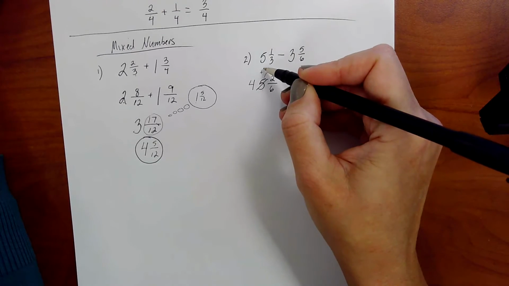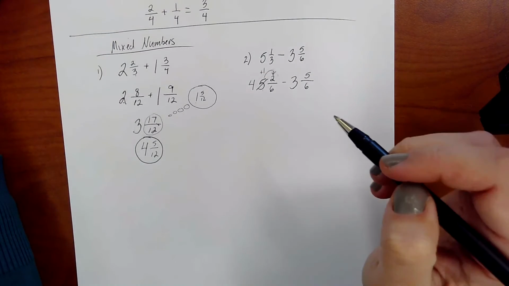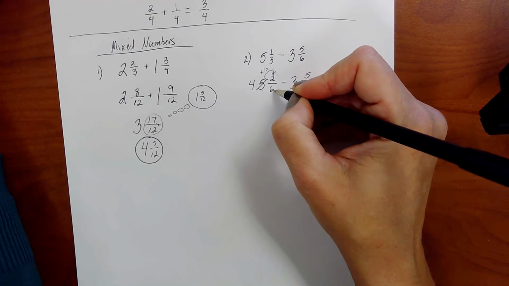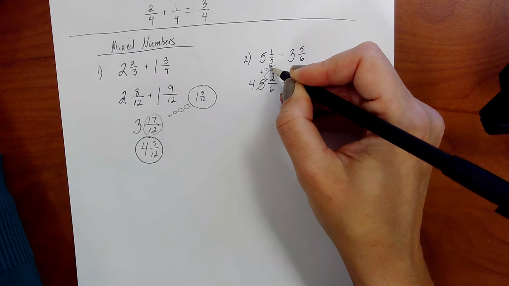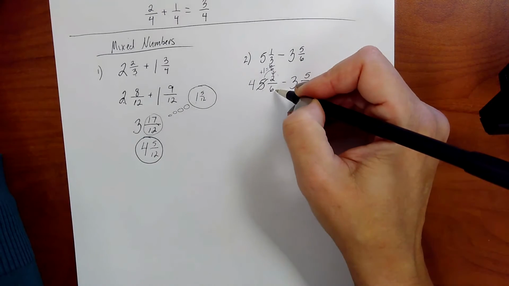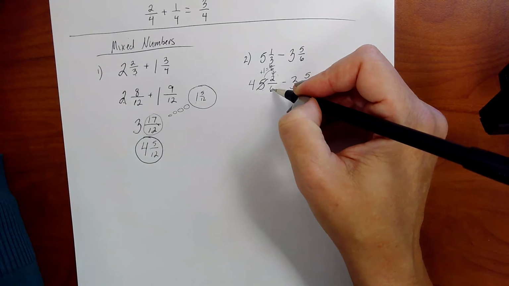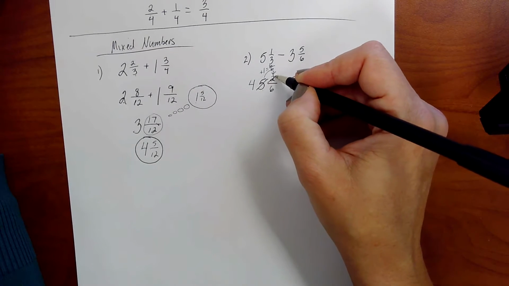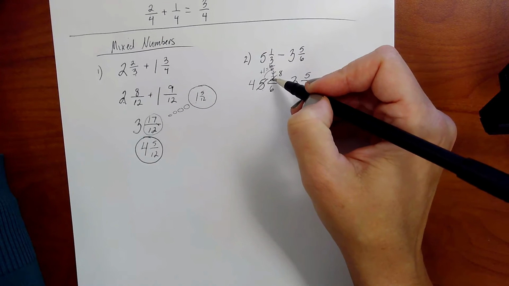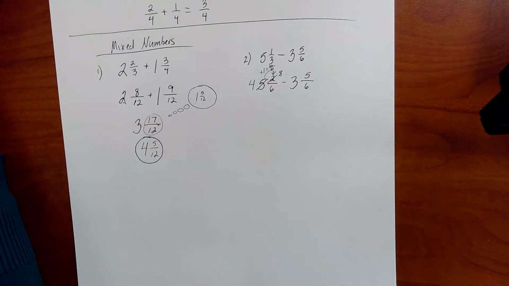So you're adding one whole, but you're going to be clever about it. Since this denominator is a 6, you're really going to add 6 over 6, because that's equal to 1. And you're being clever by making it the same denominator. So now this 2 is really going to be an 8, because you're adding 6/6 to 2/6, and now it's 8/6.